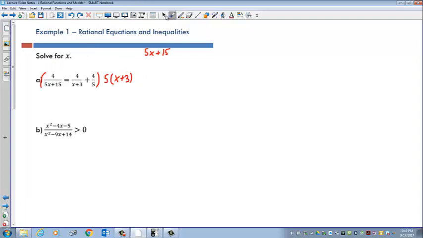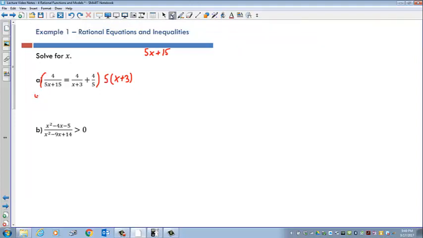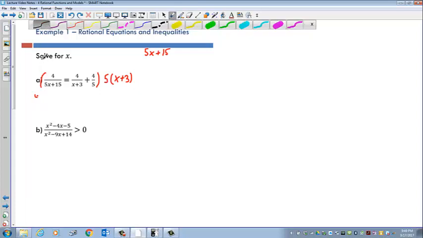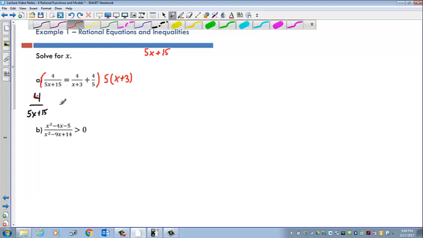We're going to do this a little bit slowly here so you can see how it works. You're going to multiply this 4 divided by 5x plus 15 by the 5 times x plus 3.